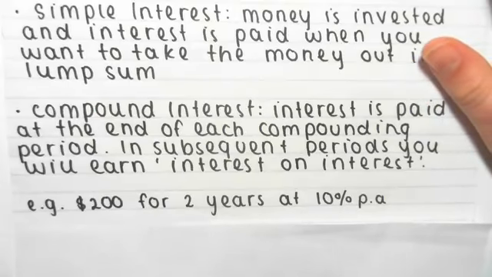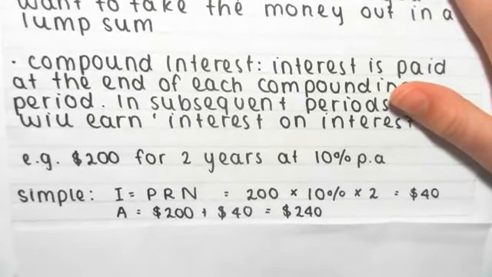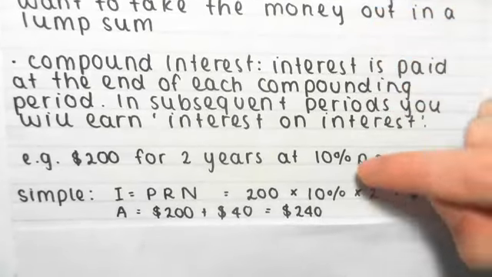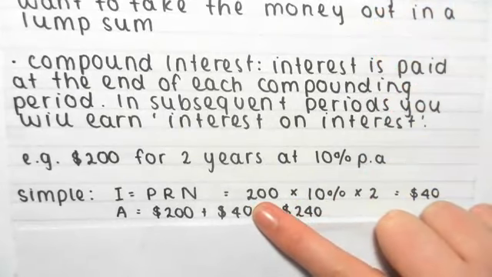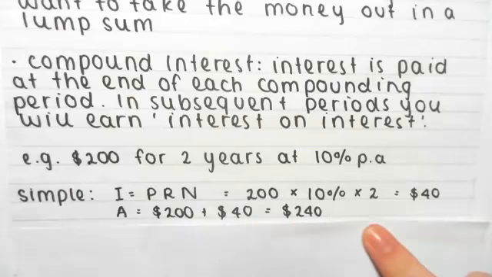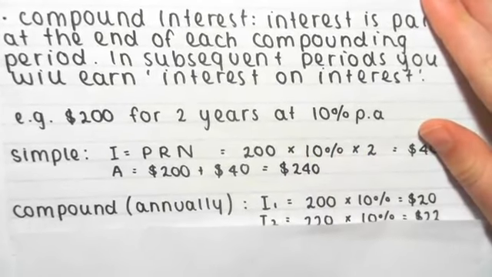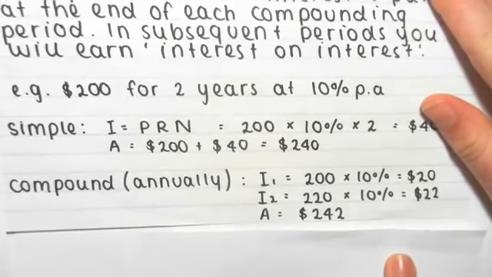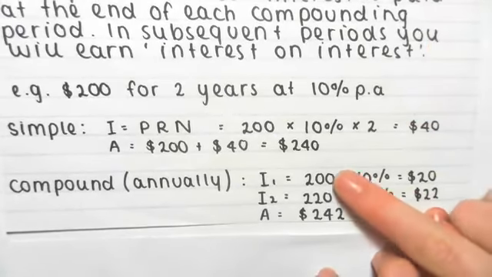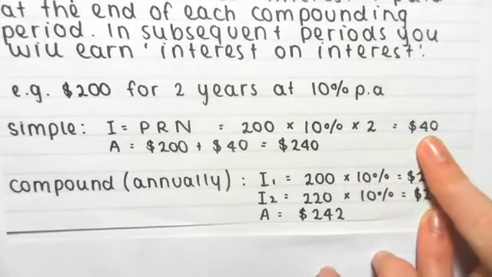So if we're investing $200 for 2 years, what happens in simple interest is, I've used a formula, but it basically just works as at the end of 2 years, we just say we've had $200, 10% for 2 years, and we calculate our interest. Whereas in compound interest, if we compound it annually, at the end of the first year, we earn $20 interest, which would have been half of this.